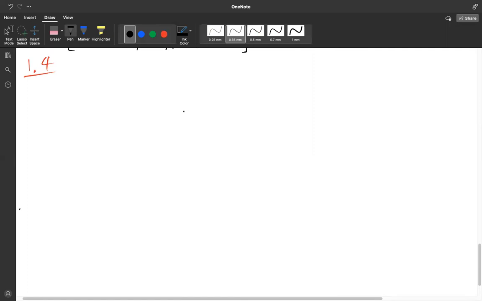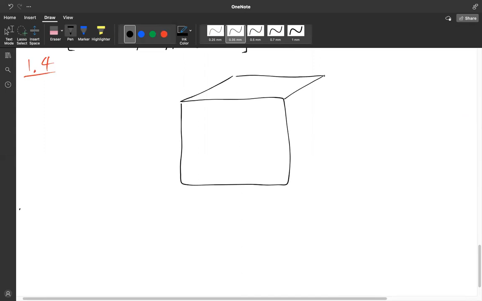So let's create our control volume. And I'll make it a little bit bigger this time. Make this a little bit more straight.